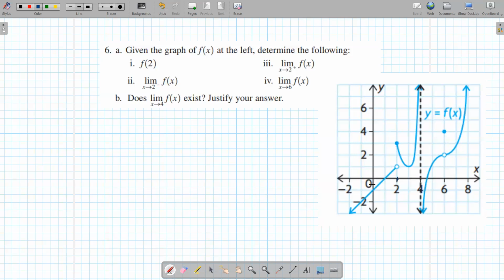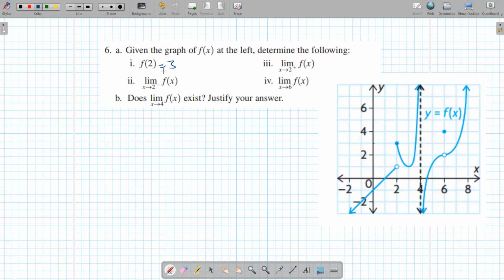Open circle means it's not part of it. This means when x is less than 2. But this closed circle here means x is greater than or equal to 2. When x is exactly 2, y is exactly 3. So that's going to be the answer here.